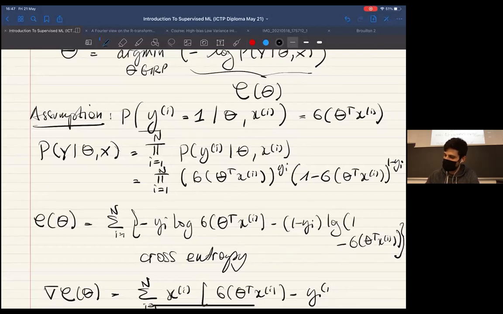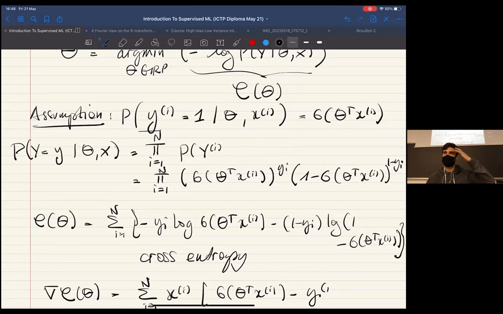What I should really write, to be more clean mathematically, is the probability that the y's, which I think of as random variables, the random labels, take the value little y, which is the actual vector of labels that I measured, is the product of these probabilities. So capital Y means that I think of it as a random variable, and little y is the actual realization of the random variable that I observed.